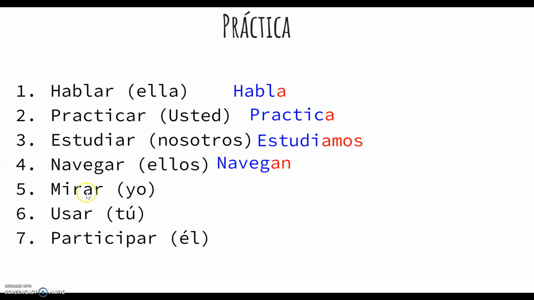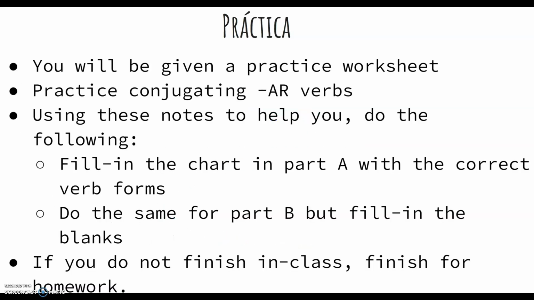And then mirar becomes miro. Usar becomes usas for the tú form. And then participar for él, he, becomes él participa. Okay, he participates or is participating. Okay, so if you need to change any of the answers, go ahead and do that.